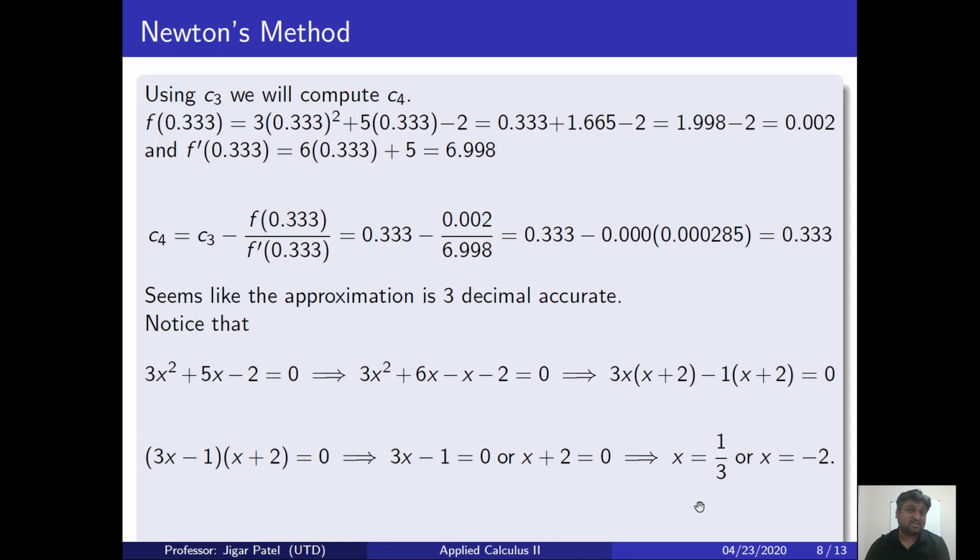Remember from the last lecture, 1/3 is a fraction and its decimal representation is repeating: 0.333 repeated infinitely many times, or 0.3 bar, is the zero in 0 to 1. I want you to compare that with our approximated solution. Very close, right? That's the beauty of this theorem.